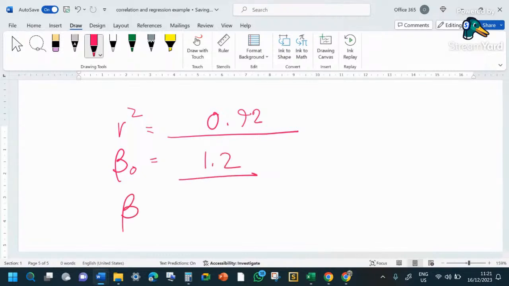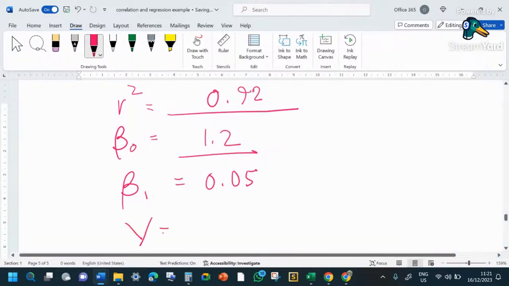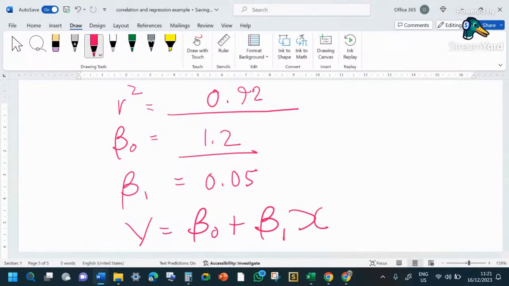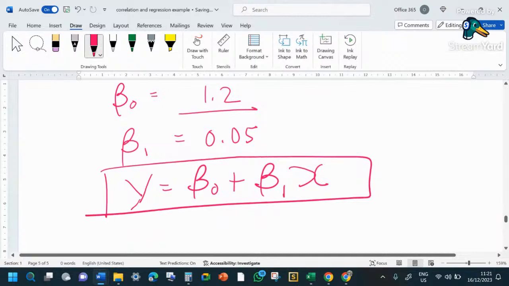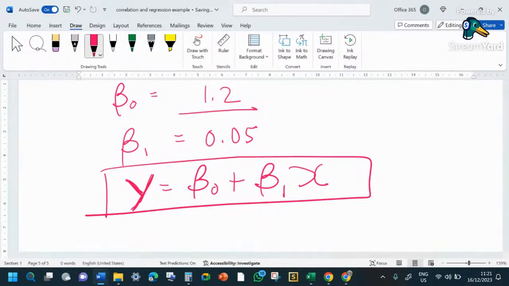You need a slope beta 1, which is 0.05. And then you need the formula: y is equal to beta 0 plus beta 1 x. And using this linear regression, you can solve for any y value given a value of x. So don't worry, in your exam, beta 0 and beta 1 are given. You just have to compute for y and x.